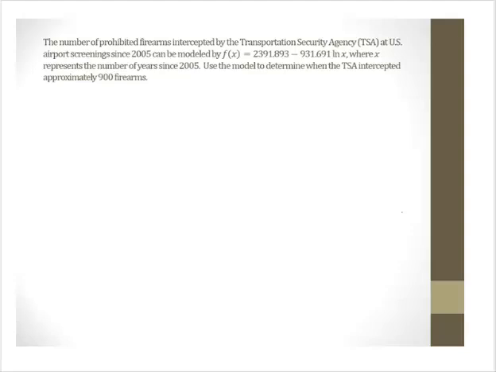Use the model to determine when the TSA intercepted approximately 900 firearms. So we want to solve f of x is equal to 900. So then we'd have 2,391.893 minus 931.691 natural log x equals 900.